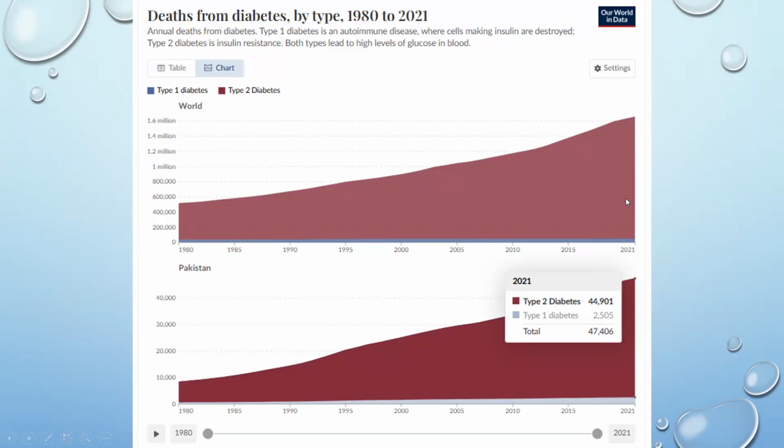We can see that in 2021 about 1.6 million deaths occurred due to diabetes, and in Pakistan in 2021 around 47,000 deaths were reported due to diabetes mellitus, and the share of type 2 diabetes mellitus was major. It was around 44,000 deaths that were reported due to type 2 diabetes mellitus.